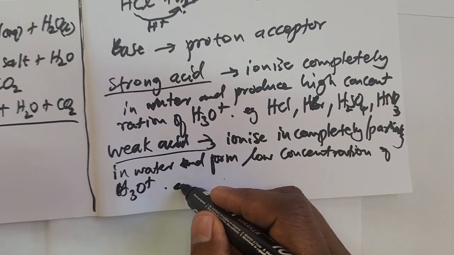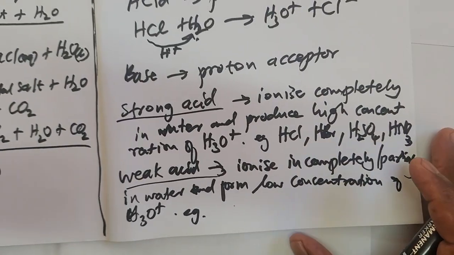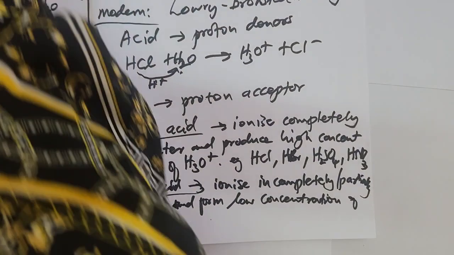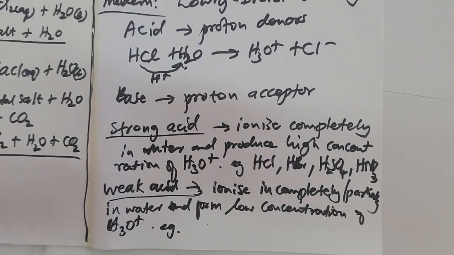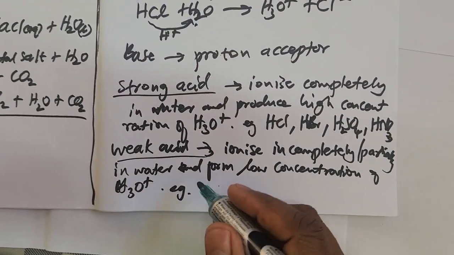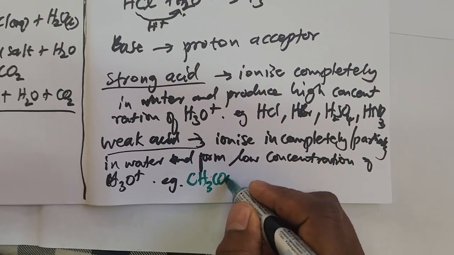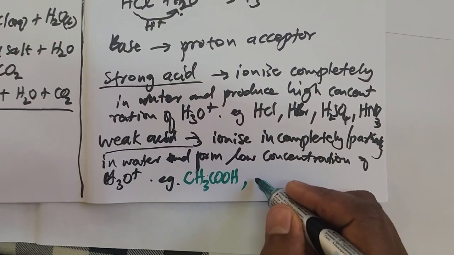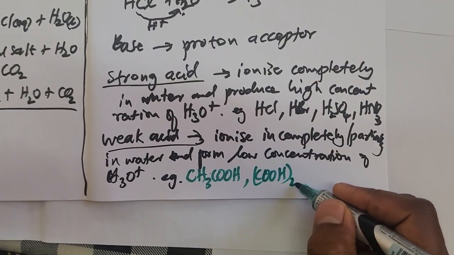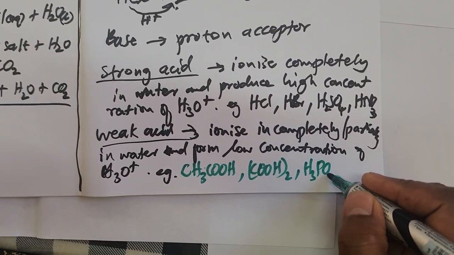Then in this case, for example, which acids are weak? Remember, all organic acids are weak, including this one, which is ethanoic acid. Oxalic acid is weak. Phosphoric acid is weak.